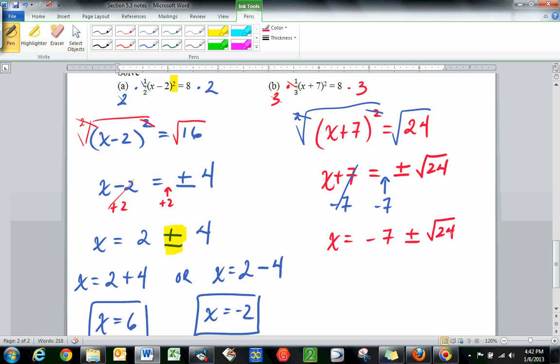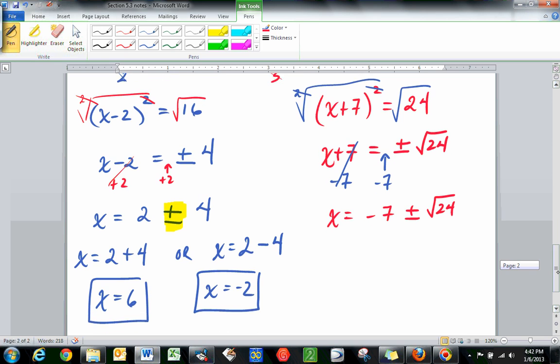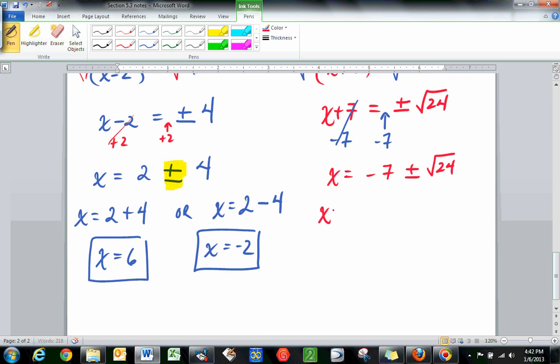Now, in most cases we'd be finished here, but again, simplifying radicals is an extremely important part of getting the correct final answer. So the square root of 24 can be broken down into simpler terms, so we must do that. So -7 ± the square root of 4 times the square root of 6, and x = -7 ± 2√6.